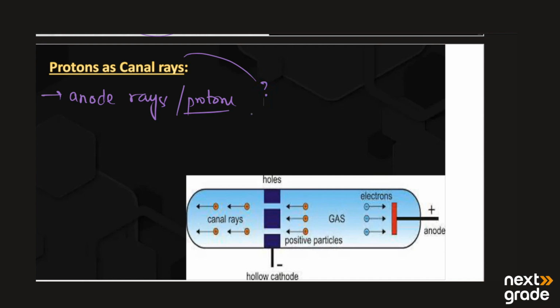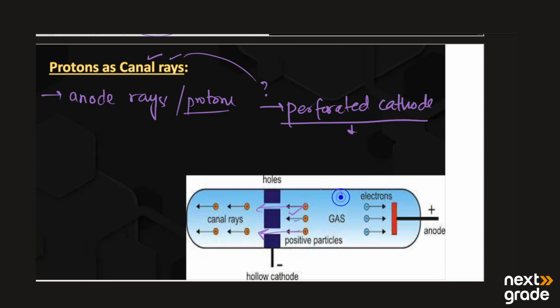Because in this experiment the scientist used a perforated cathode. The purpose of the perforated cathode is to detect the canal rays, as these rays pass through the canals of the perforated cathode, moving in the opposite direction from the anode towards the cathode. So he named them canal rays.